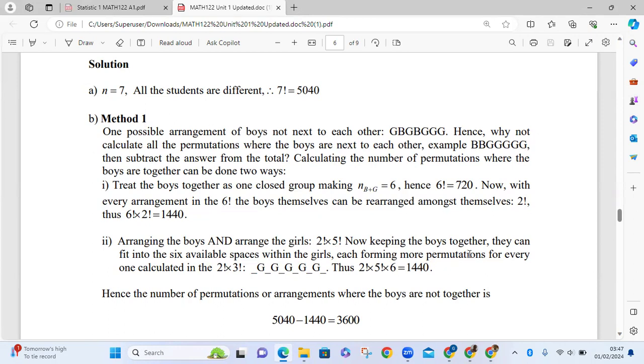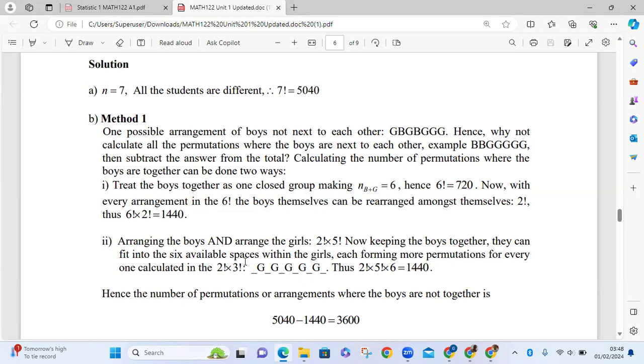Now, keeping the boys together, they can fit into the 6 available spaces within the girls, each forming more permutations for every one calculated in the 2 factorial times 5 factorial. So thus you have 2 factorial times 5 factorial times 6, which is equal to 1,440. So that's another way to calculate the boys next to each other.